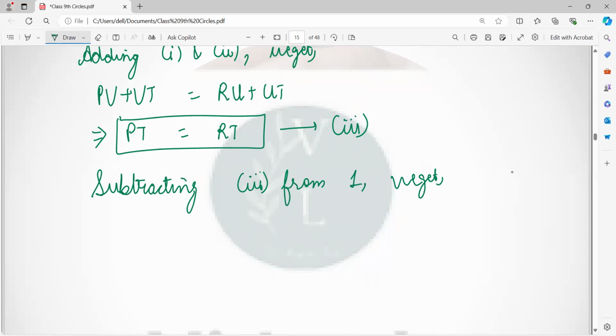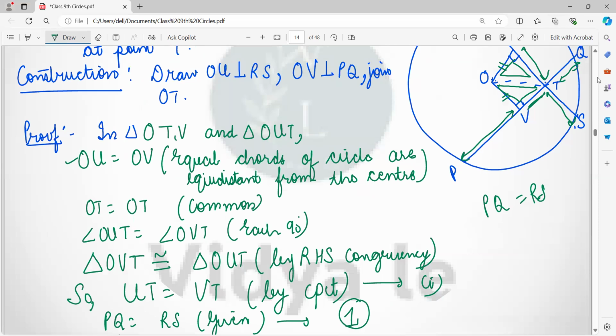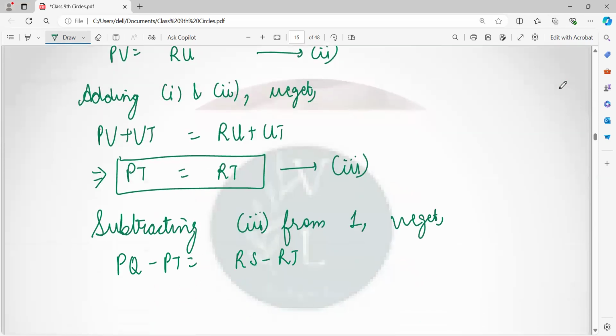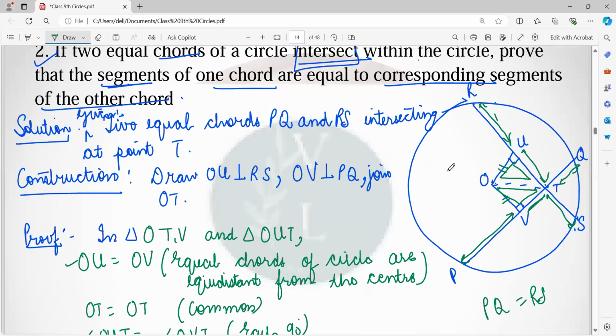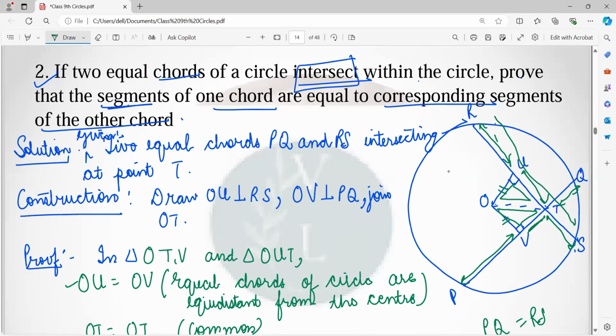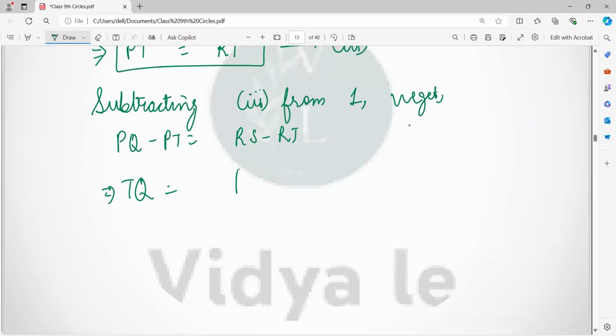What will we get? We'll get PQ minus PT is equal to RS minus RT, right? So PQ minus PT, we have TQ. And similarly, RS minus RT is equal to TS.